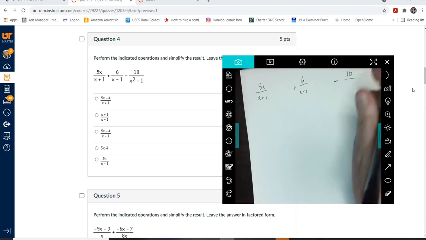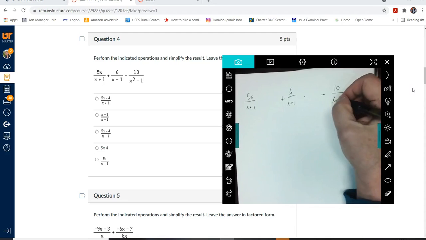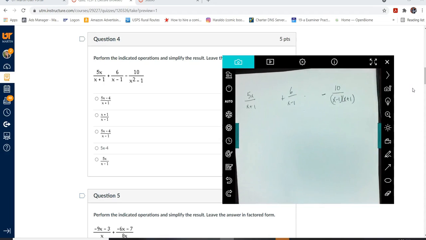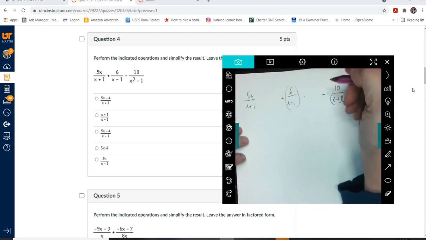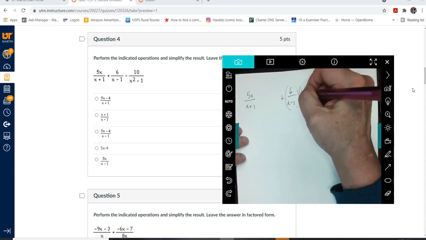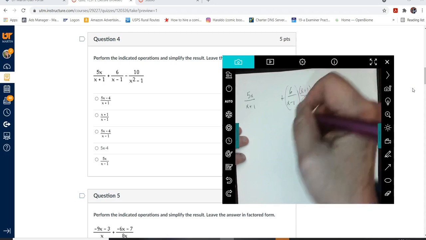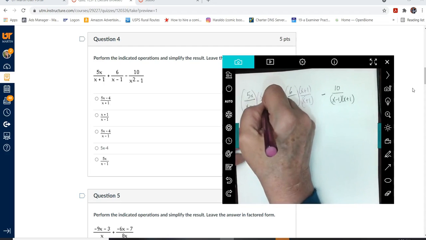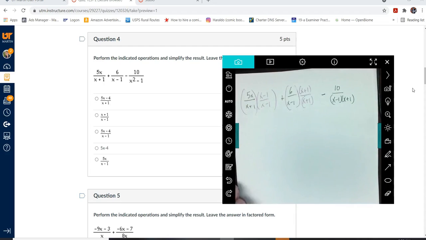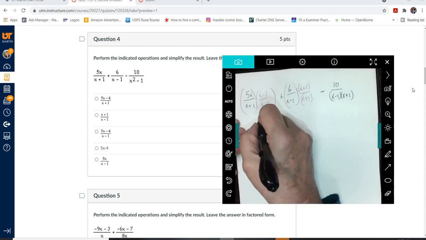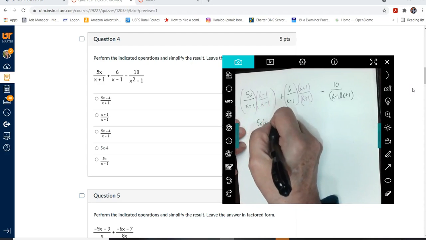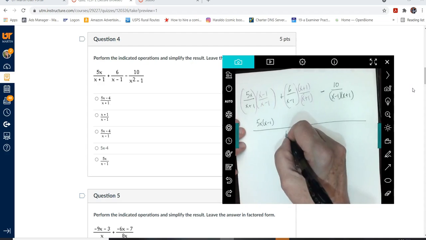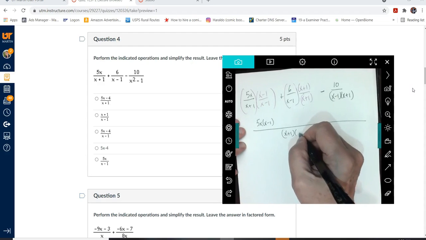Now x squared minus 1 will factor. It factors as x minus 1 times x plus 1. So in order for all of these to have the same denominator, I'm going to need to multiply this one by x plus 1 over x plus 1. And I'm going to need to multiply that one by x minus 1 over x minus 1. And so I'm going to have 5x times x minus 1. I can put them all together now.